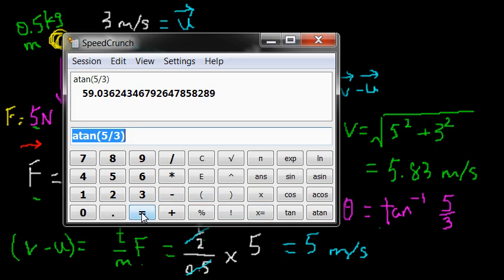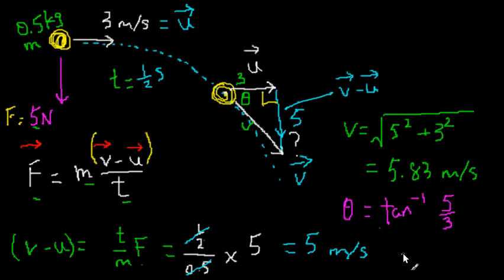It gives 59.03. I'll just take it as 59.0. So therefore, my answer is 59.0 degrees. Remember, even if I put down 59.0, I should include the 0, to tell us that it is accurate to 1 decimal place.